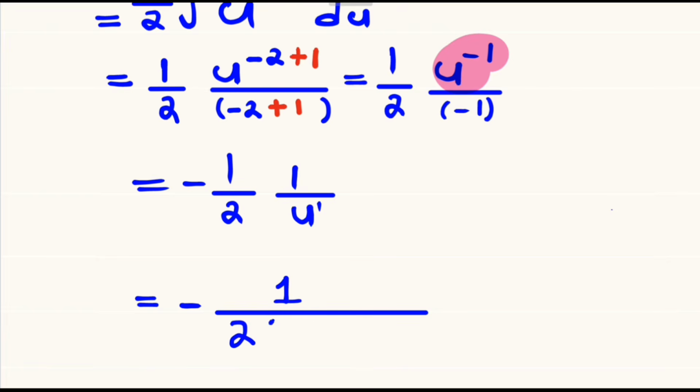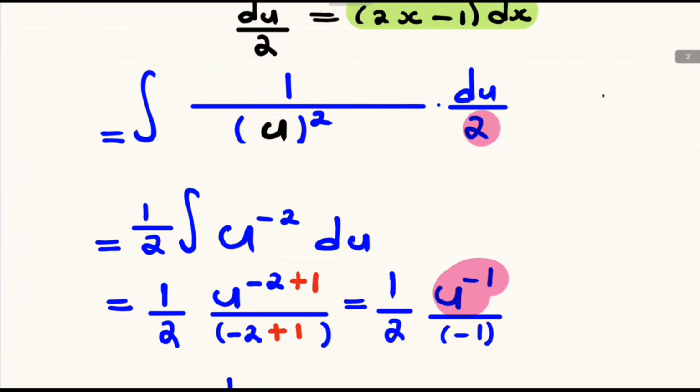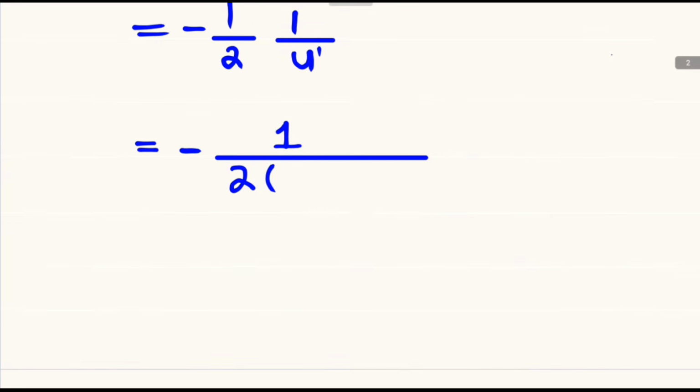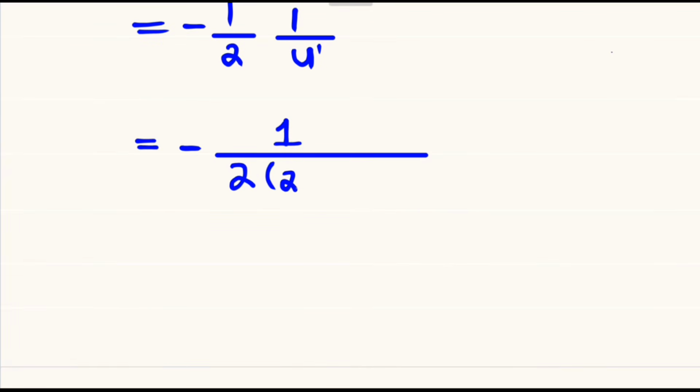And we bring back the u, so we said that the u is equal to 2x squared minus 2x plus 5. So in the place of the u, we substitute back the 2x squared minus 2x plus 5.